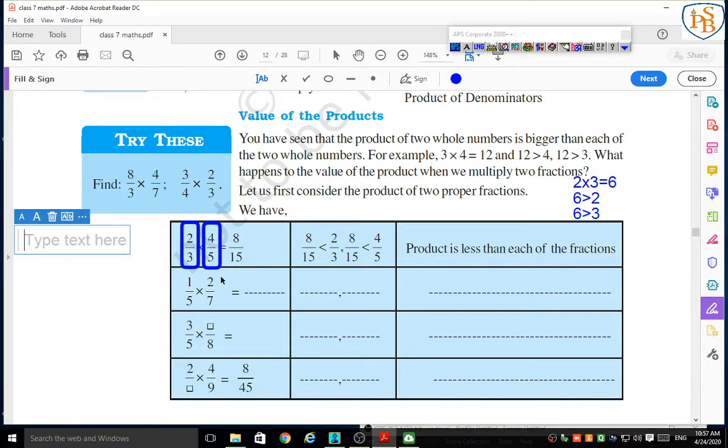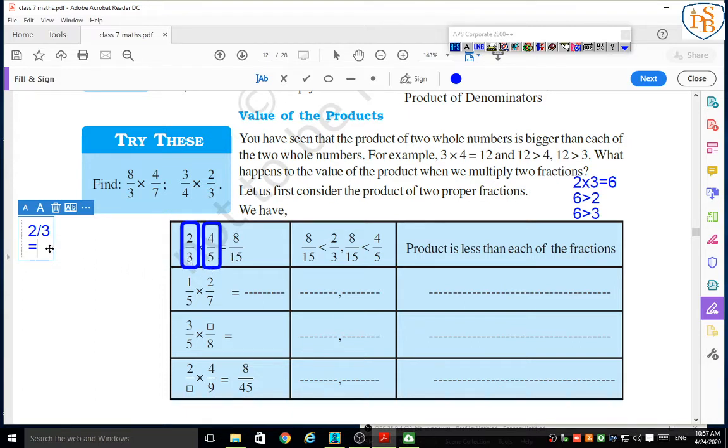Look here, we have to find out whether the product is bigger than the other two fractions. Look carefully. The first fraction is 2 upon 3. So we have to equalize the denominator. From 3 and 5, we get the LCM of 3 and 5, that is 15.